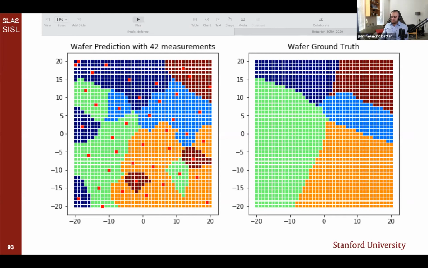Remember, we can use a black box reconstruction function. So what happens if we decide to use a bad reconstruction function? What if somebody wants to use nearest neighbor classification? The red points are where we have measured.